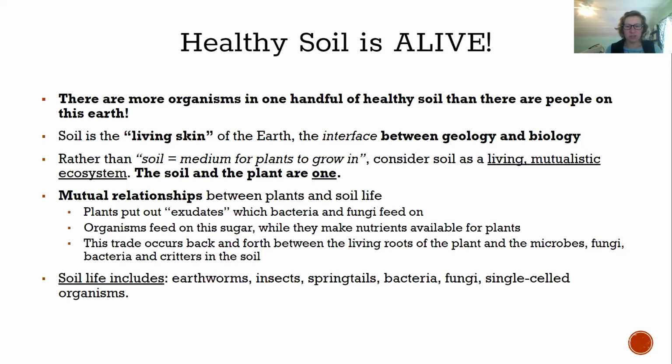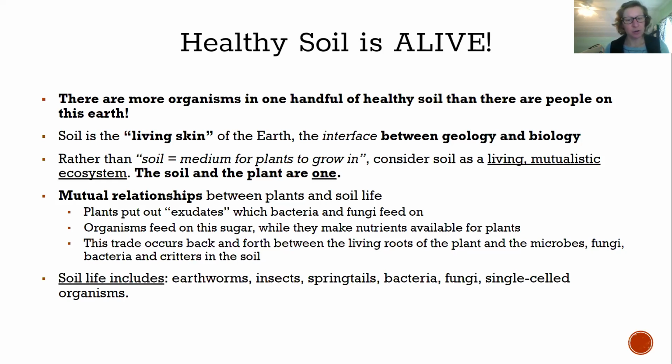So, right, all of these things that are in there: we have earthworms that we see, we have small insects that often lay their eggs or have a dormant period in the soil. We have springtails, bacteria, fungi, and all kinds of little single-cell organisms that are hanging out and providing really vital services to our soil and our plants.